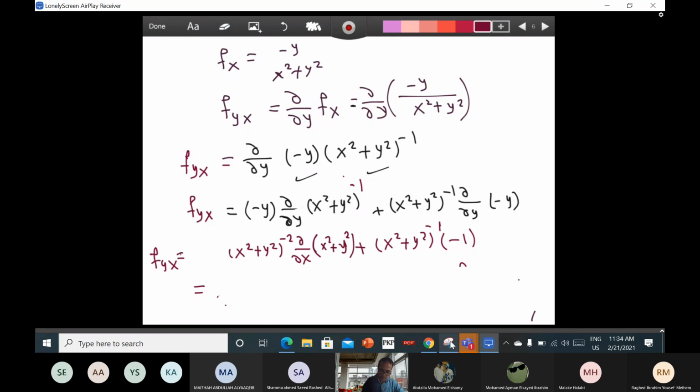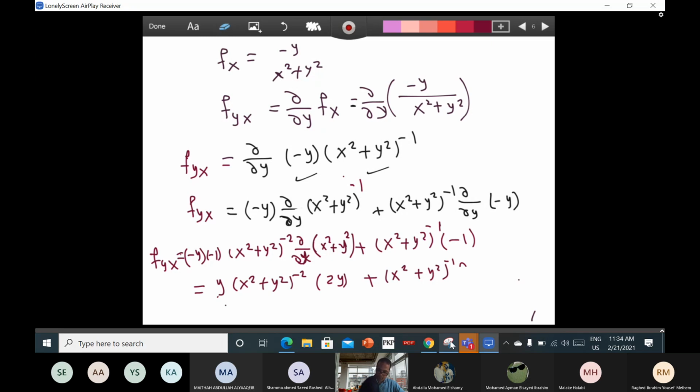So you have minus y and you have minus 1, just to be very clear, right? So I have y, x squared plus y squared to the minus 2. And what is the derivative of this one with respect to y? We differentiate with respect to y. So we have 2y, 2y plus x squared plus y squared to the minus 1.